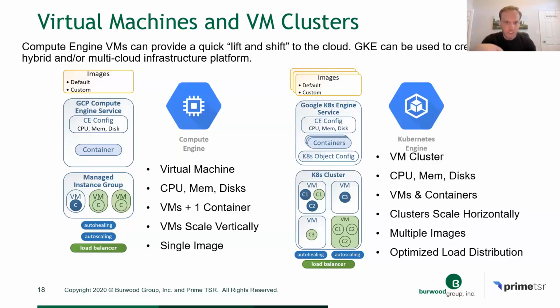And the Kubernetes object config, that is how these containers interact with each other and how they interact with the outside world. Your VMs, usually you give them a single configuration of CPU, mem, and disk, and they just replicate based on that. But again, you could also plug in your on-prem VMs. You could plug in other cloud VMs.